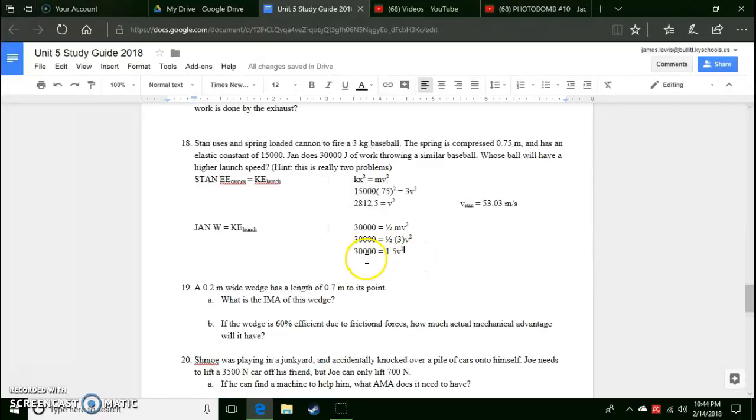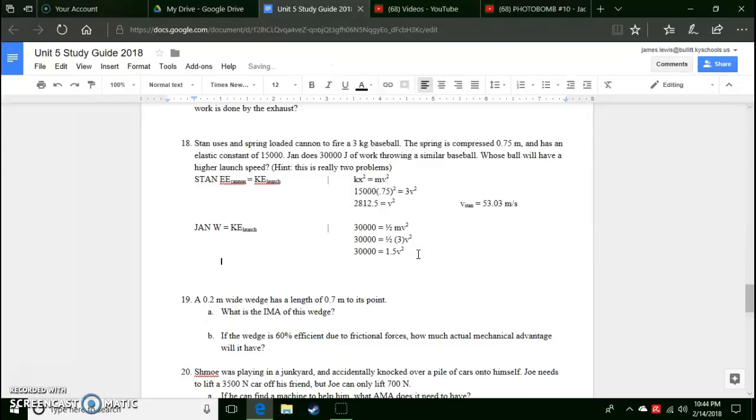So now I'm going to divide by 1.5, because that is the opposite of multiply. It's 1.5 times v squared right here, so the opposite of that is divide. 30,000 divided by 1.5 equals, that was stupid, I should have known that right off the top of my head. That's going to be 20,000.